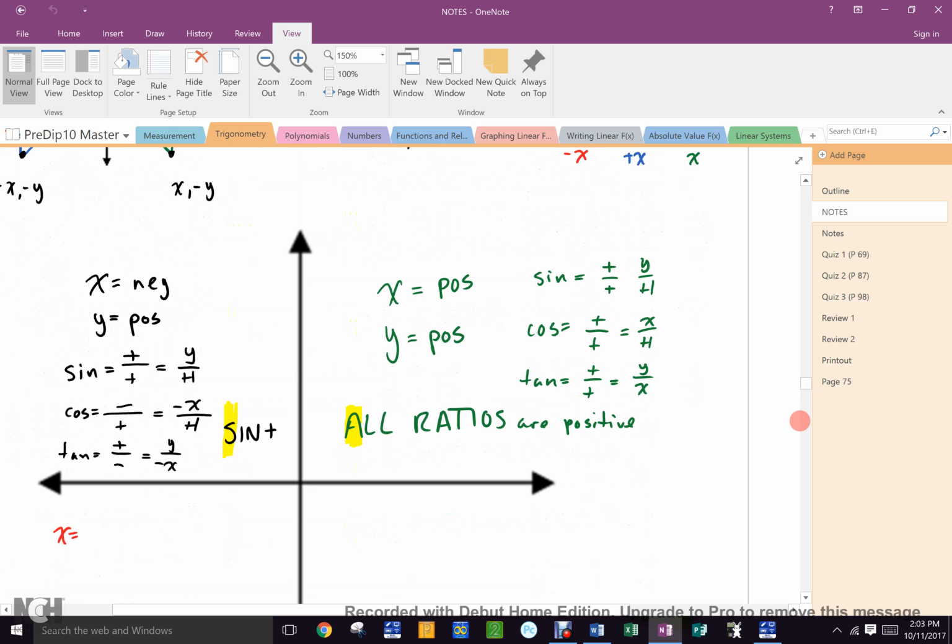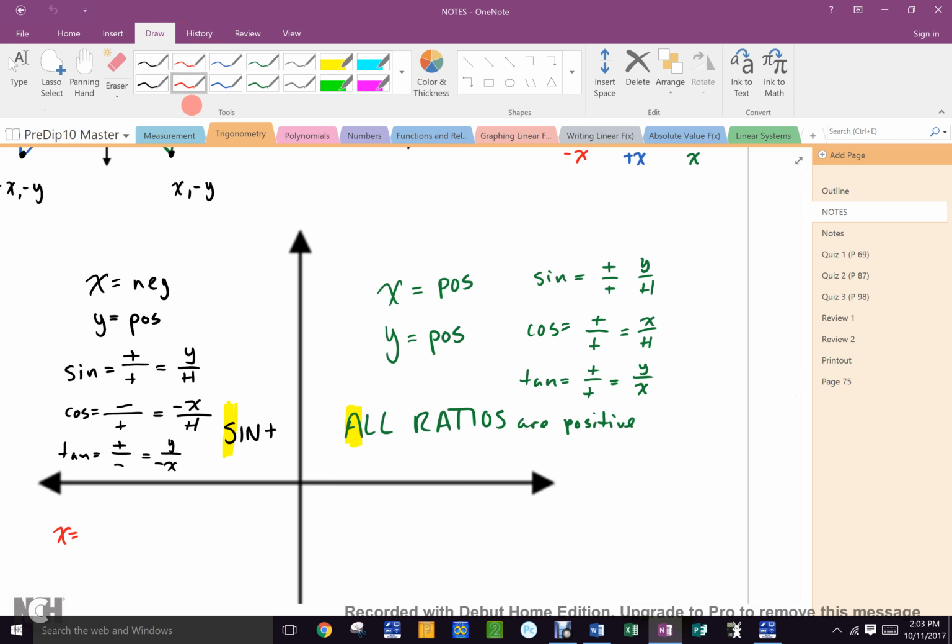So, if I'm out here, is x negative or positive? Negative. What's y? Negative, which means sine is positive. Sine is y over h.